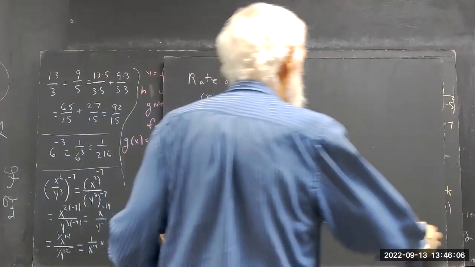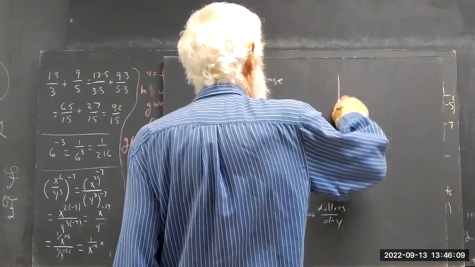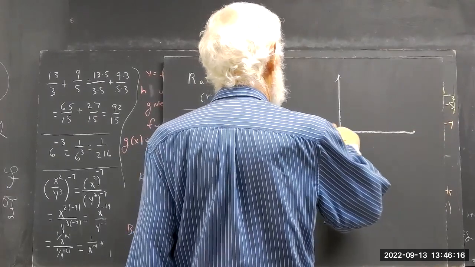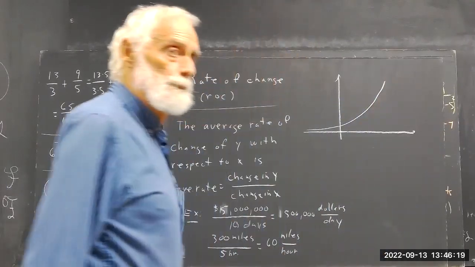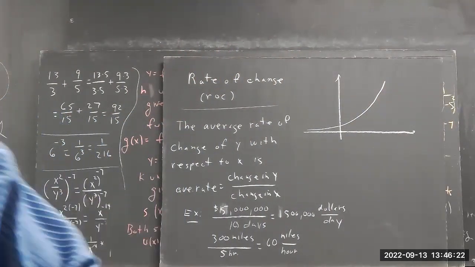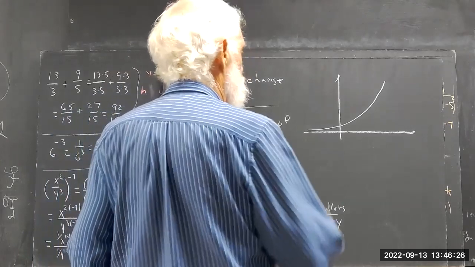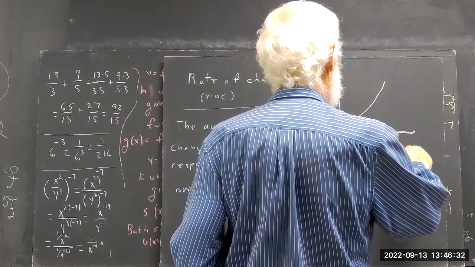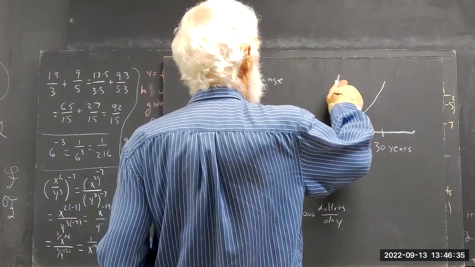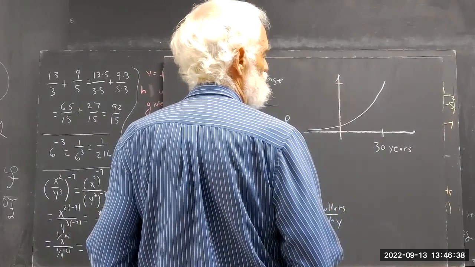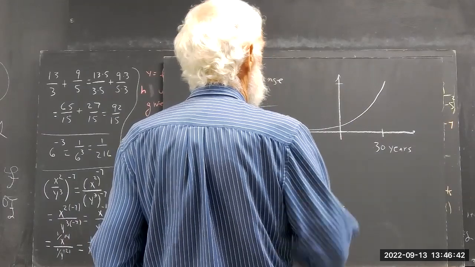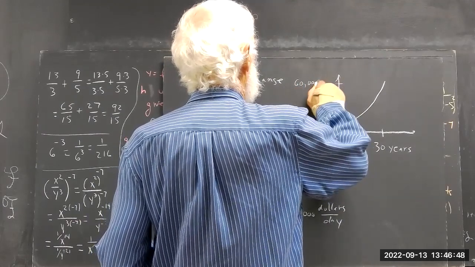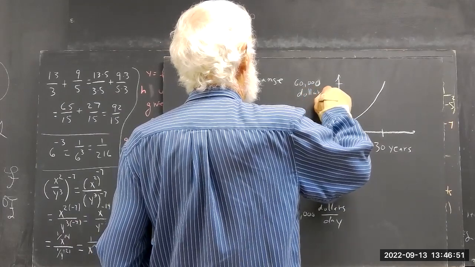Well, if I have a graph that starts out as a graph of a basic exponential, but I change the scale so that here is 30 years, and here is, let's say, $60,000.